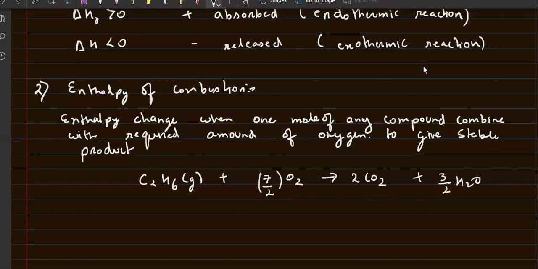If you multiply this by 2, we can have this equation: 2 C2H6 gas plus 7 O2 gives 4 CO2 plus 6 H2O.